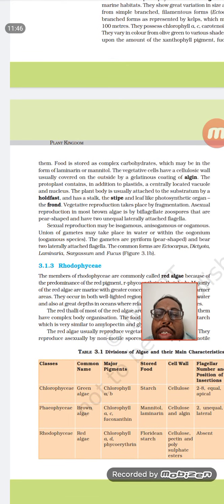And when we come to the reproduction part, they show both asexual and sexual reproduction. In asexual reproduction, most of them produce zoospores, biflagellated zoospores. And the sexual reproduction may be isogamous or anisogamous. It depends upon the organism. So these are the main things.